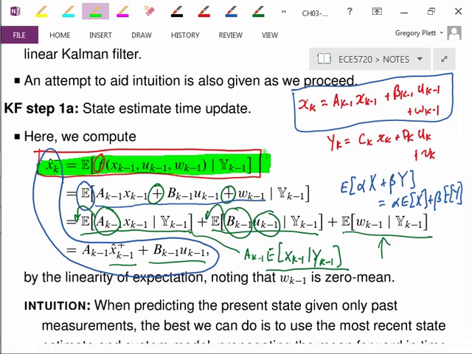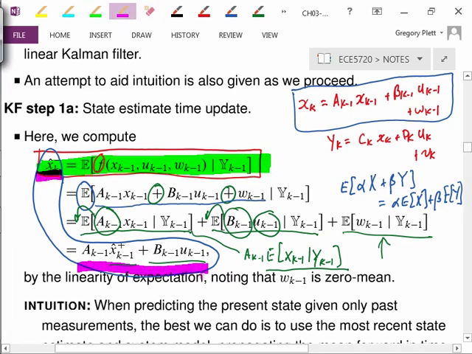And for the linear model, we find here that we implement the prediction as this equation right there, and that is something that we can write a computer program to implement. In MATLAB, it's simply x minus equals A times x plus added to B times u.